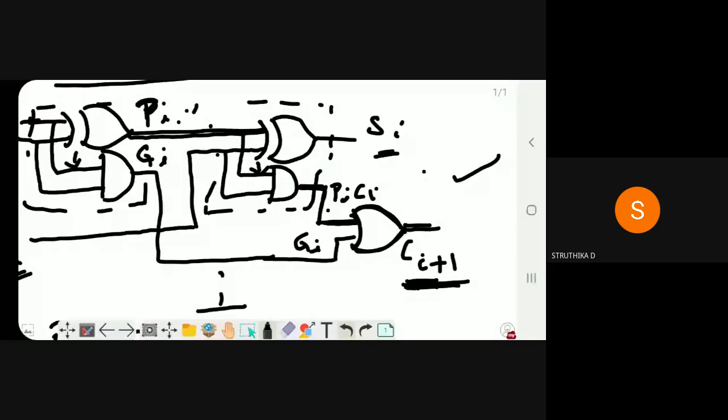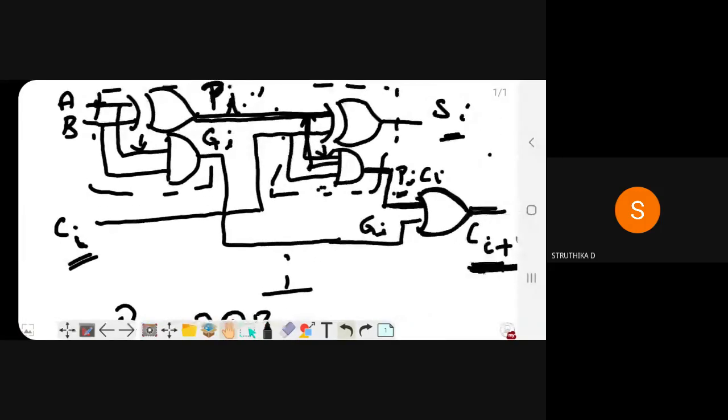It gets connected with this AND gate. So here I have Pi. The second input of this AND gate is Ci. So I get PiCi.